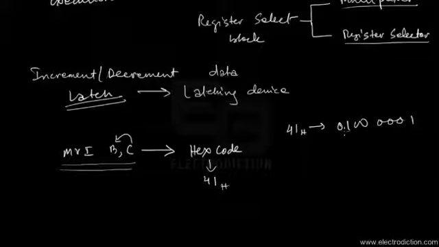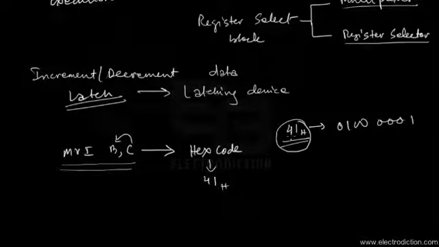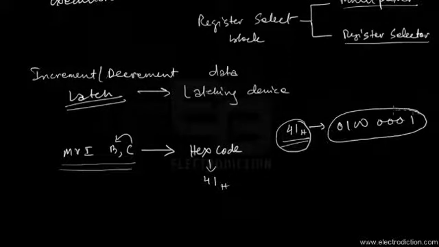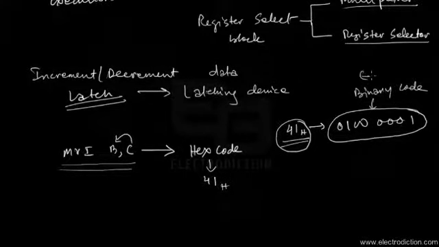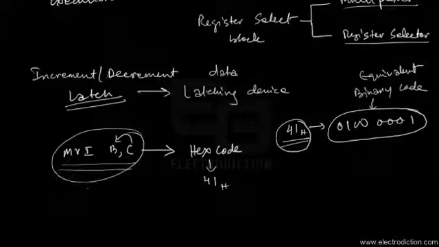The 8085 doesn't understand anything about this hex code, 41H. What it actually understands is this binary code. So this binary code is actually what gets things going. This is the equivalent binary code for the corresponding hex code of the MOV B, C instruction.